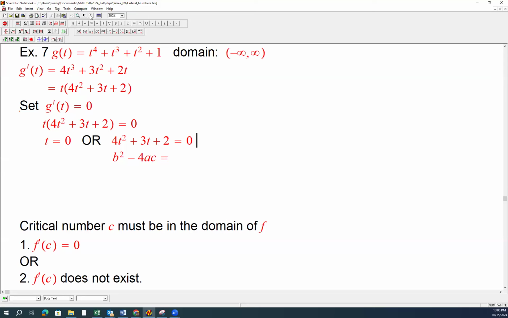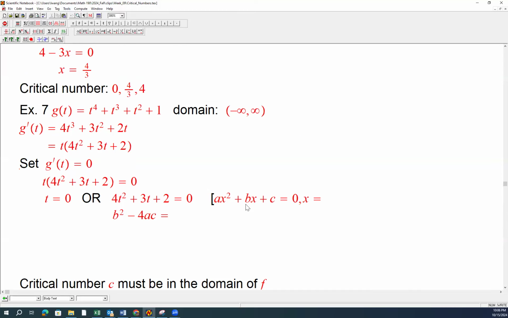Recall in your algebra class, there's ax squared plus bx plus c equals 0. In order to find the solution, we know the solution is equal to minus b plus or minus the root of b squared minus 4ac, over 2a.